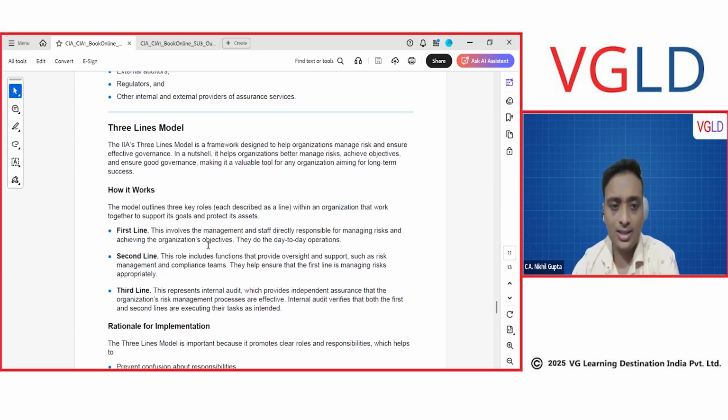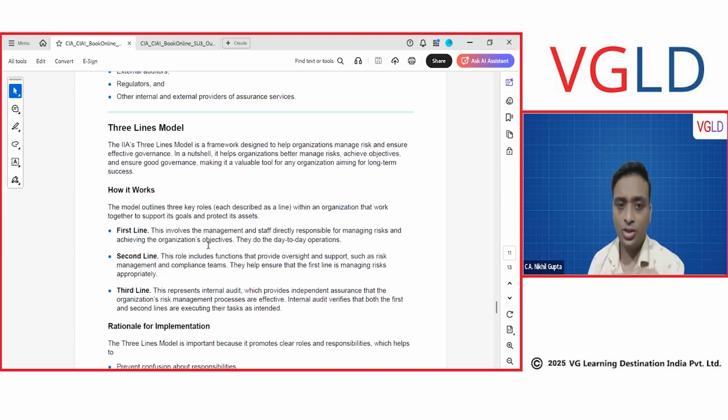The first LOD involves management and staff directly responsible for managing risk and achieving the organization's objectives. They do the day-to-day operations. The senior management all lie in the first line of defense. They are implementing policies and controls in the organization.